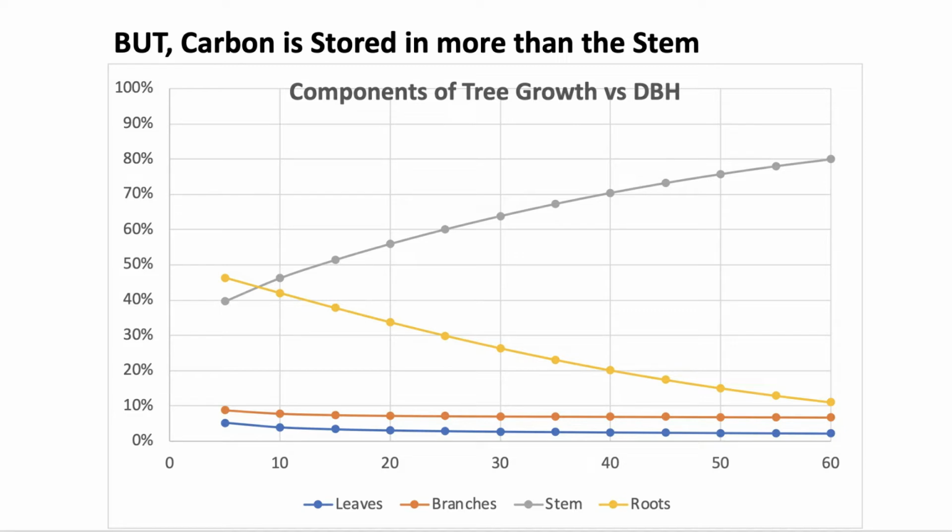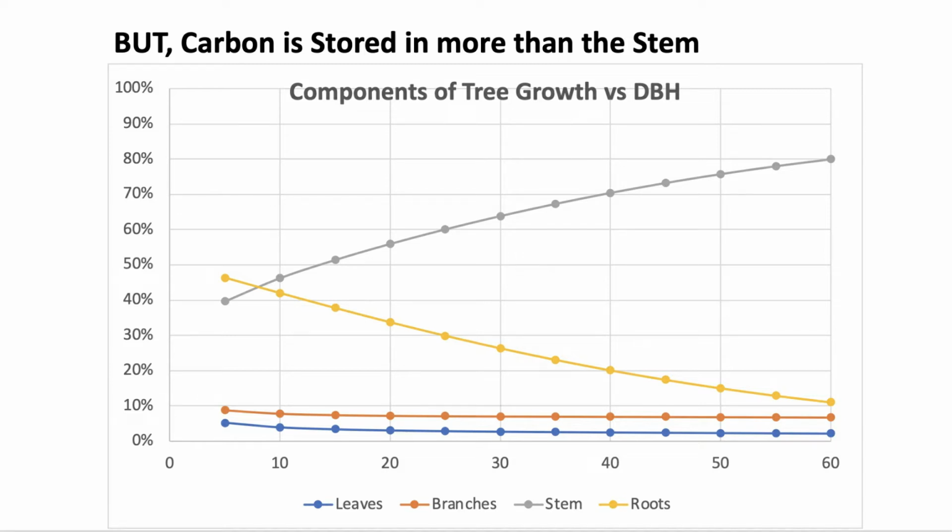So this is, again, allometric surveys which have looked at the different components of the tree, the leaves, the branches, the stem and the roots, and see what proportion of the total volume of the tree is comprised of each of those components. And when the trees are very young, that is, they've got small, that's the diameter here, so 10 centimetre diameter, going up to what we're aiming for, 60.